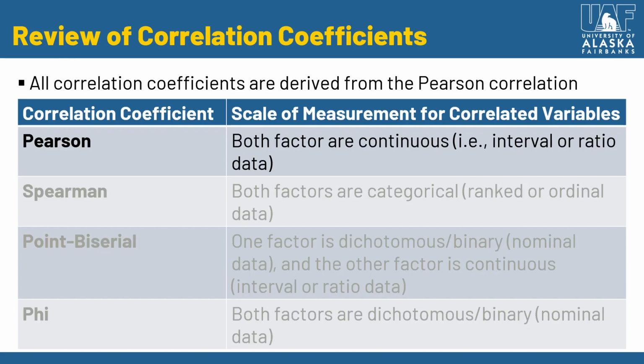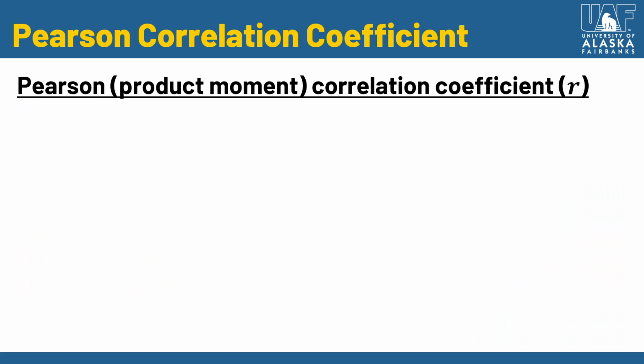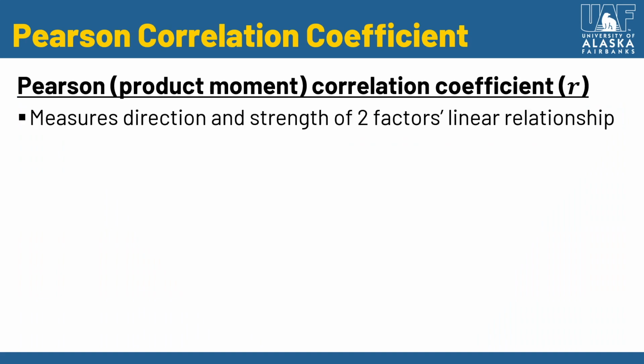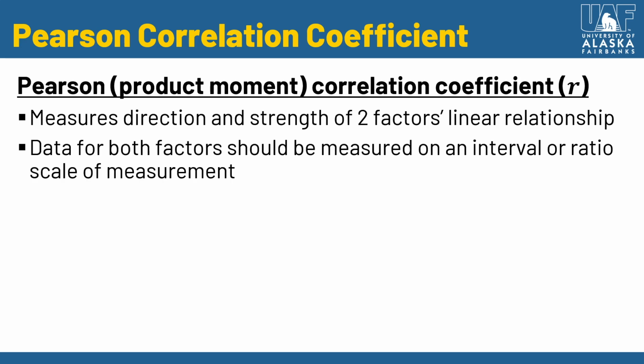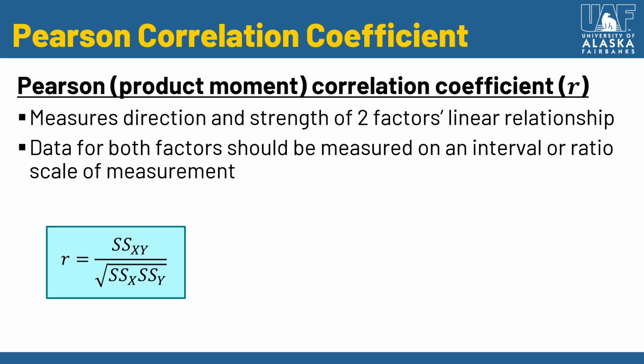So first, let's start with Pearson. In this case, we have two continuous variables, or two continuous factors. This is what we call a product moment correlation, or just Pearson correlation coefficient. So two factors, linear relationship, interval or ratio, in other words, continuous. Here's our formula.